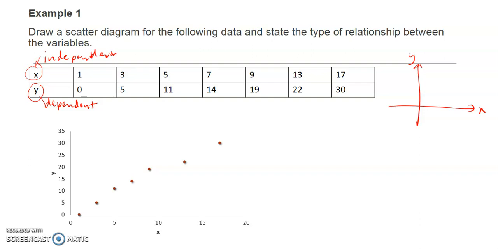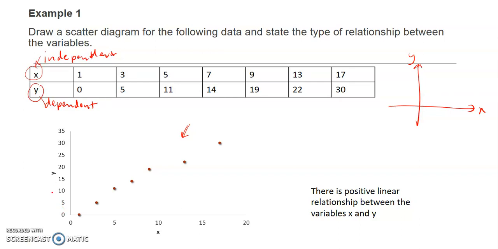From this scatter diagram, the pattern of this scatter diagram is an increasing pattern. So we can say that there is a positive linear relationship between the variables x and y. Sebab pattern dia menaik kan. So, bila pattern menaik, maksudnya ada positive linear relationship.